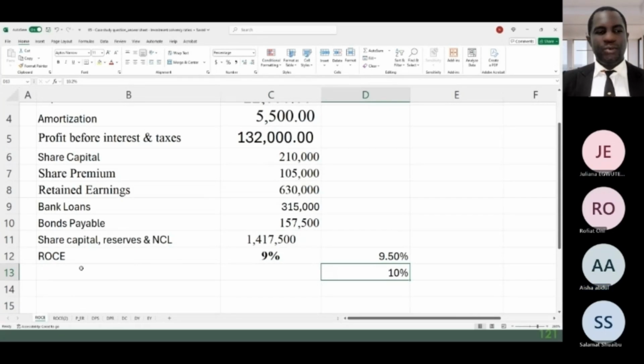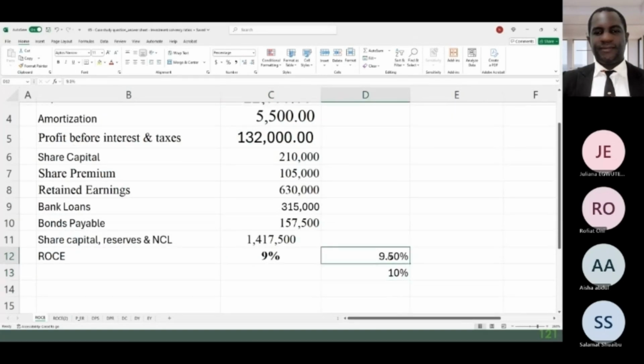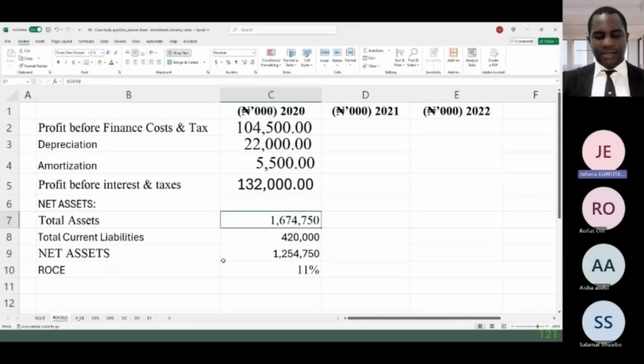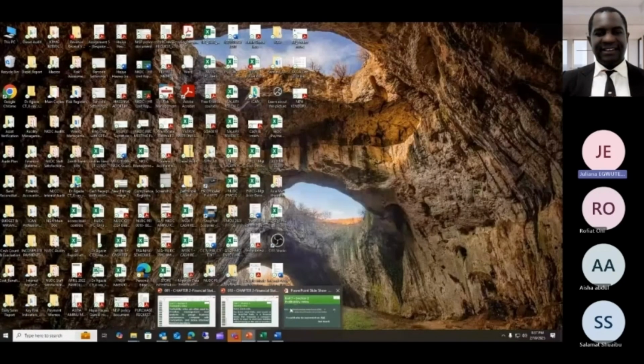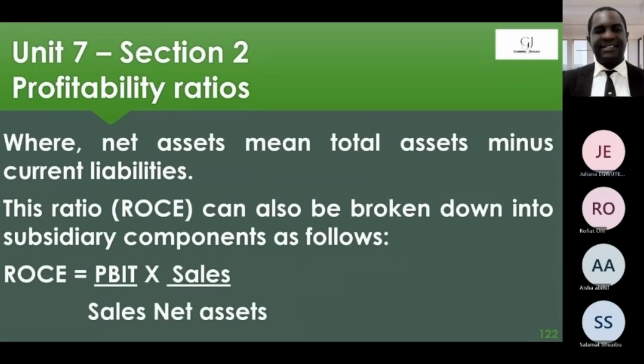All right, so maybe we do the second variant for net assets. What do we get? One that has your total assets less current liabilities. What was your percentage? I did share capital plus reserves plus non-current liabilities.